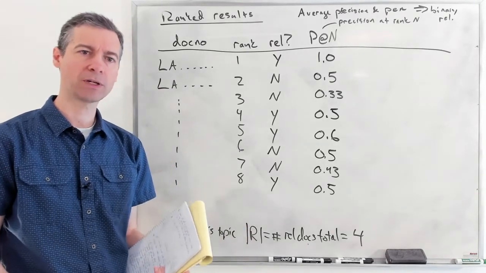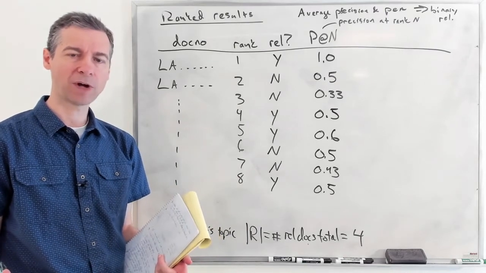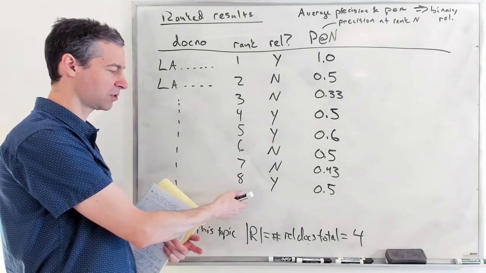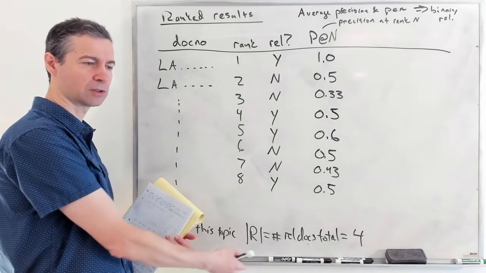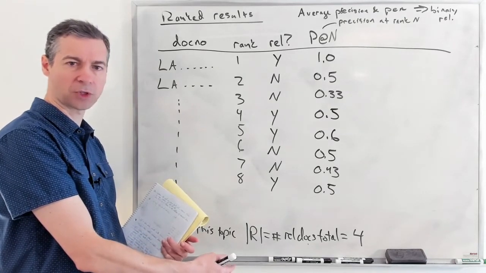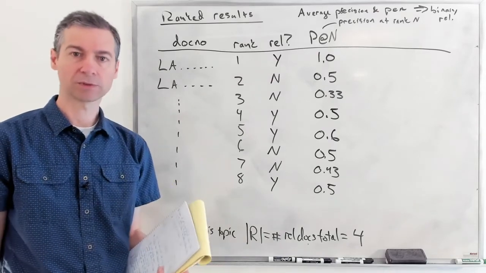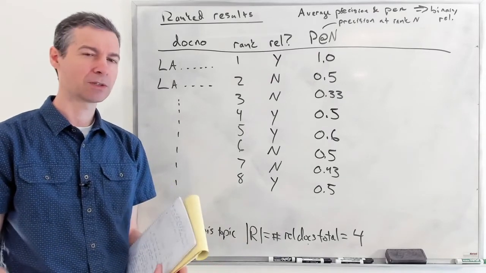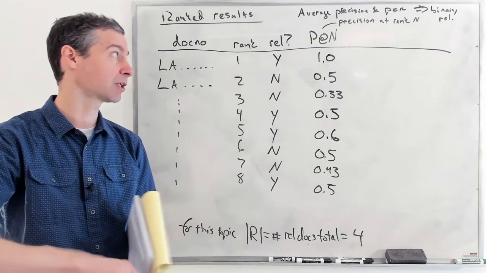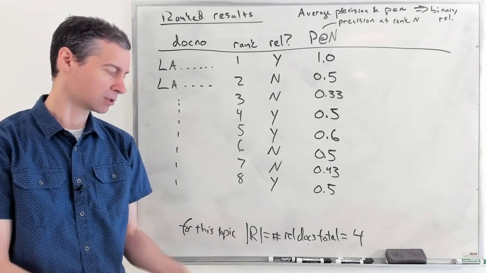Usually I want to compare systems, and the problem is, if you do precision at rank 10 and there are only 4 relevant documents, no system could ever get 100% precision at rank 10. It's impossible. The most they could ever get is 0.4. So that's one thing you have to be really aware of with some of these measures: they might not make sense based upon your test collection.